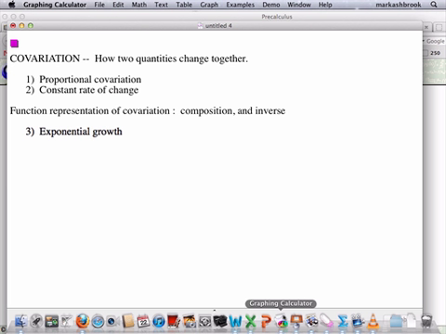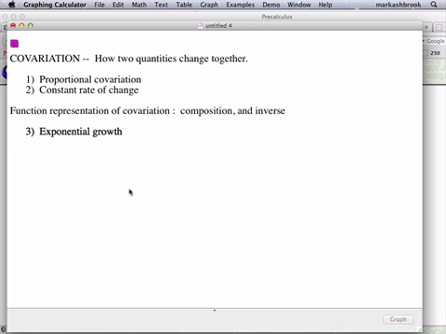Based on repeated multiplication of the growth factor, okay? So we're going to look more at covariation in general here with these bottle problems. So this is where we're going next. So consider that we have a bottle here. Okay? And we are going to put water in it.